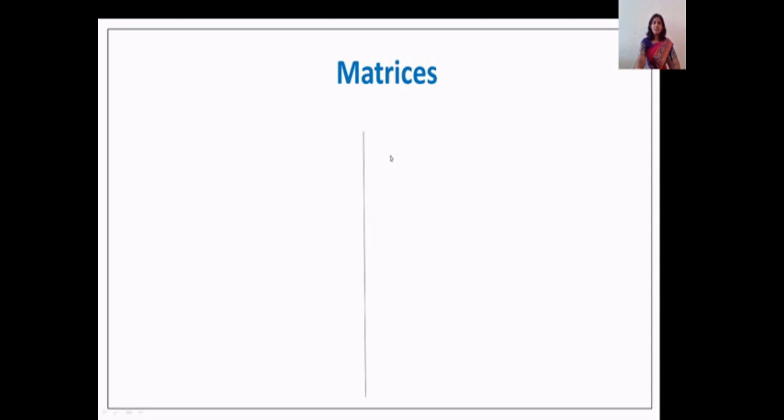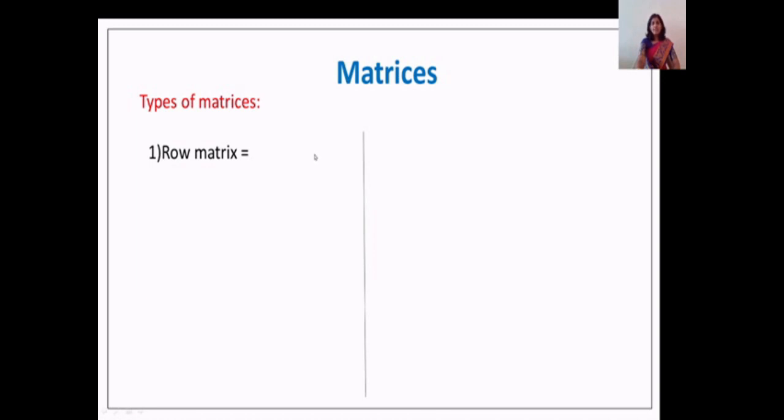So let's start with the introductory part, which you studied in the earlier standard, that is in 11th standard, which is types of matrices. What are the types of matrices? First type, row matrix. What is a row matrix?